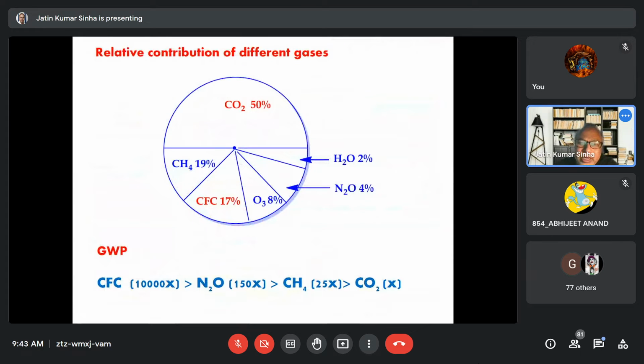Now, in terms of the global warming power index, CO2 is contributing almost 50%. To some extent we can say that it is good or bad. If you see the other components, hydrocarbons contribute almost 19%, CFCs, chlorofluorocarbons, almost 17%, and O3 8%.